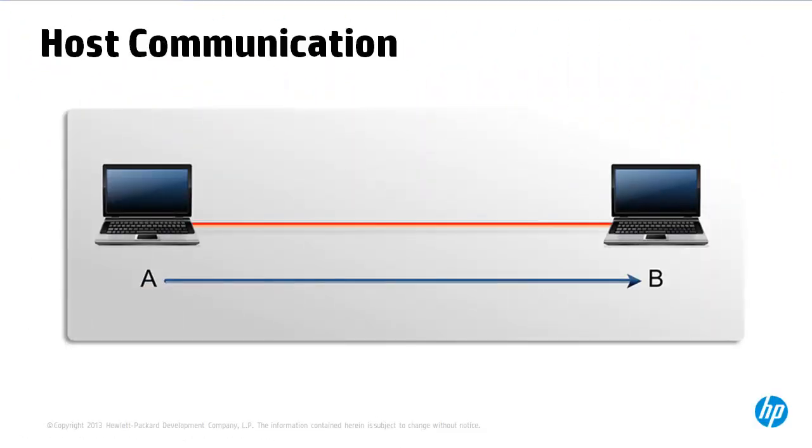Now, when communication takes place between two hosts, in this example host A talking to host B, the information that's going to be transmitted over the network must undergo a process of conversion at both the transmitting device and receiving device. This is commonly known as encapsulation and de-encapsulation, and I'm going to cover it in more detail in the next few minutes.